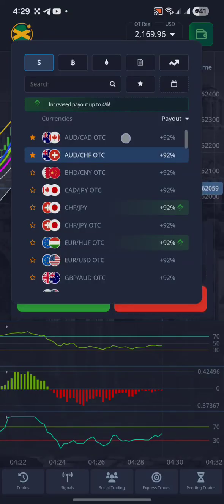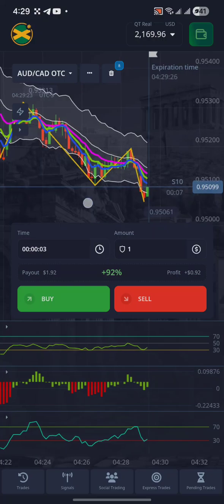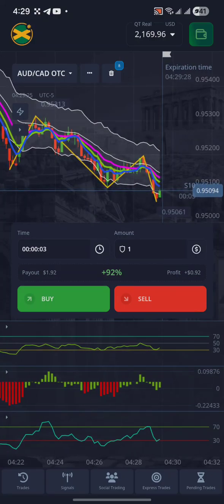So we don't want to trade in the market, because if you look at $1, they can't win because the market is stuck in one direction. We're not going to trade it.